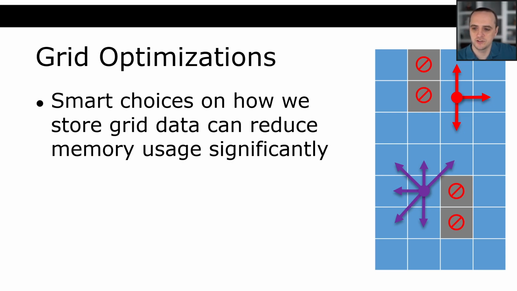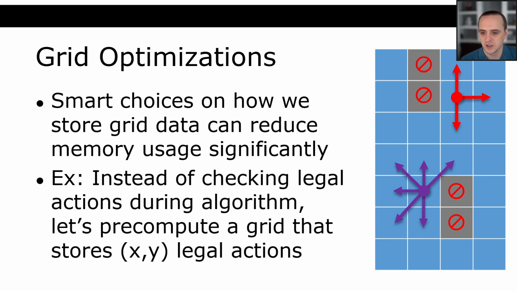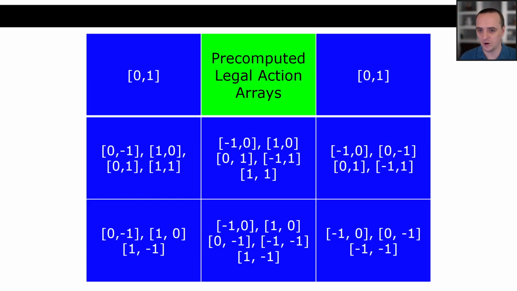So smart choices on how we store grid data can reduce memory usage significantly. For example, instead of checking legal actions during the running of the algorithm, we could pre-compute a grid that stores the XY legal actions. So I showed this in 3200, right? Let's store a separate grid which pre-computes which actions are actually legal at each cell in that grid.